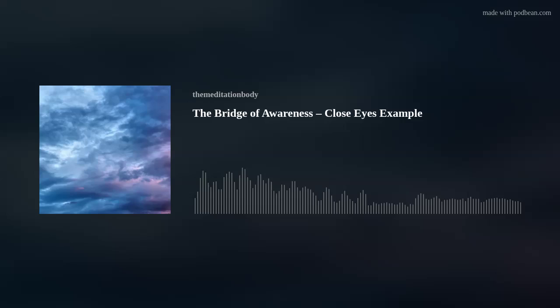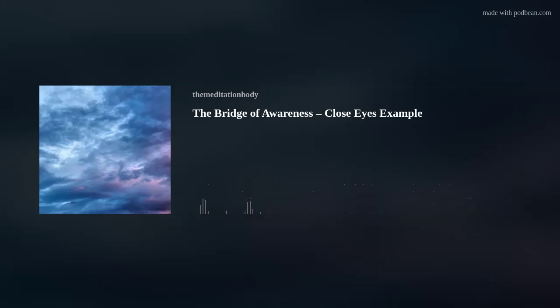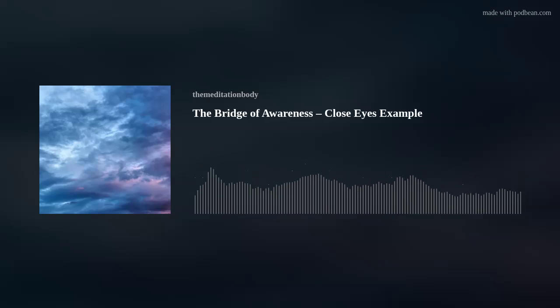With thinking, the mistake is getting lost in the content, the story of the thought. The teaching's insight: the practice is acknowledging the process. Seeing is happening. Or the fact, thinking is happening, a thought is being known.